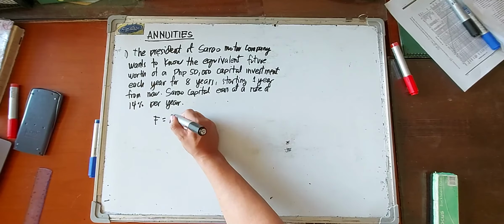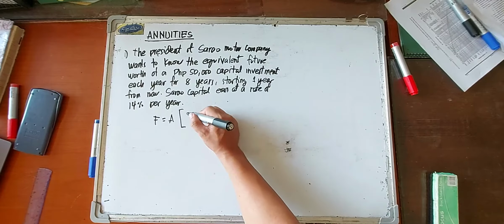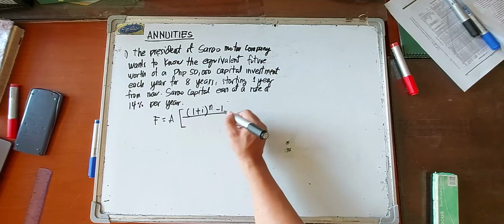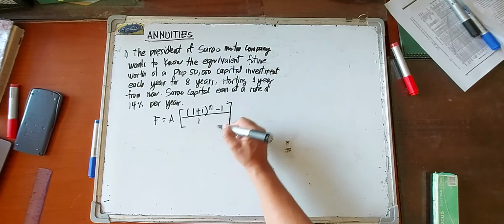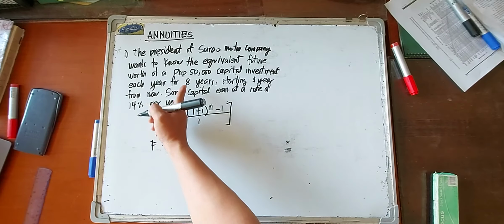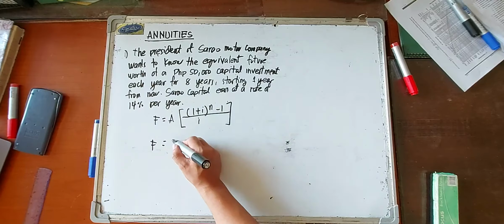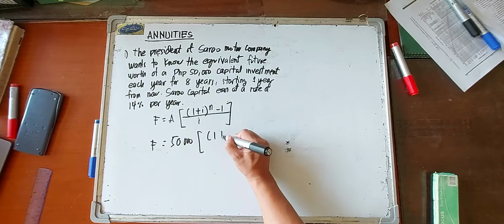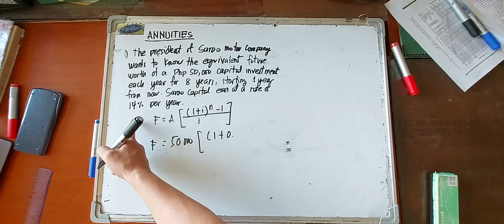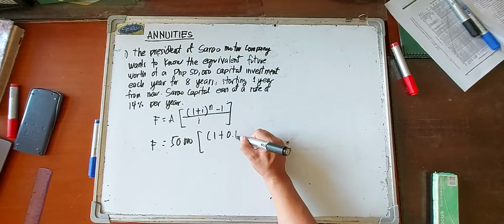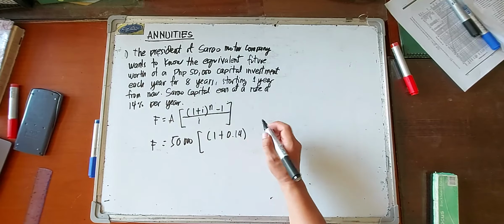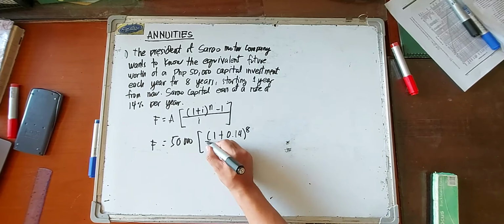We have, so ang periodic payment natin is 50,000. Interest rate natin is 14%, should be in decimal form, and that would be in 8 years.